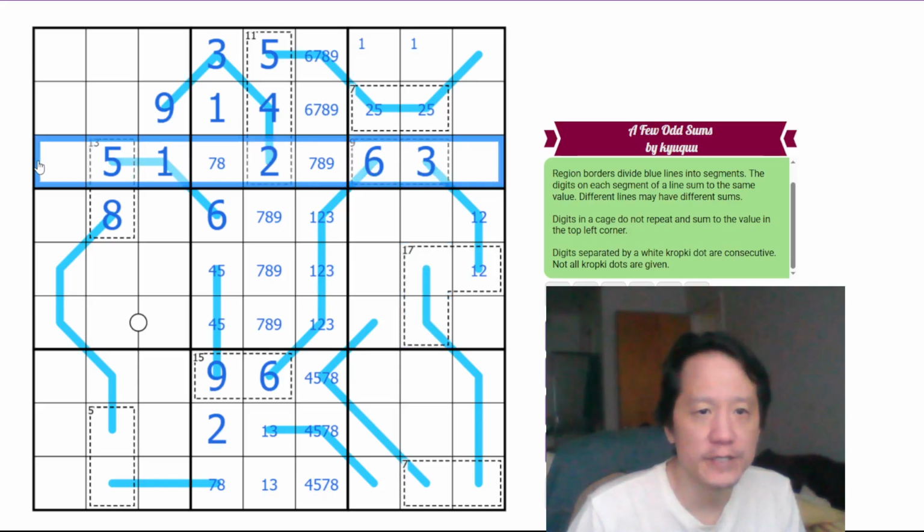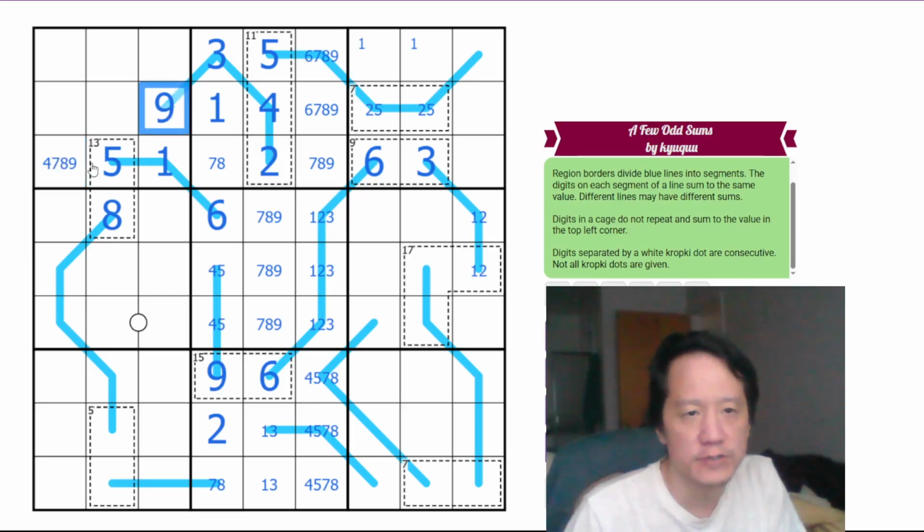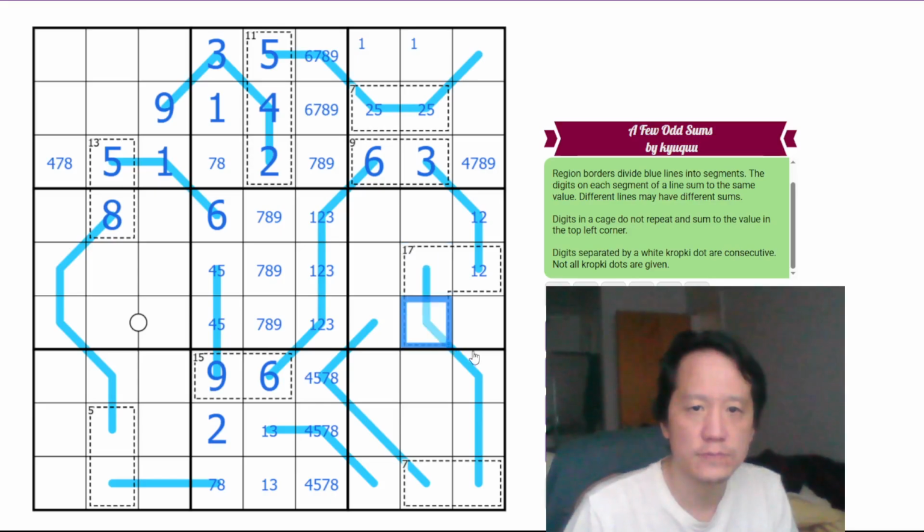What are the remaining digits in row 3? They have to be 4, 7, 8, 9, but this can't be 9 because of this 9 here. This is 4, 7, 8, and 9. If this is 5 and 6, that means this is 11, so this would have to be 4.